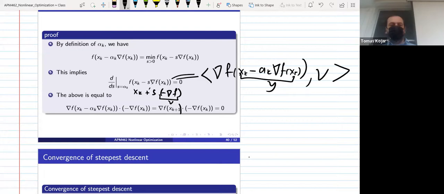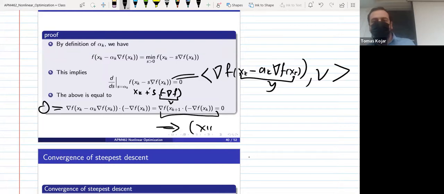By definition, this guy here is x_{k+1}, and this is 0. So we get that the jumps are 0.